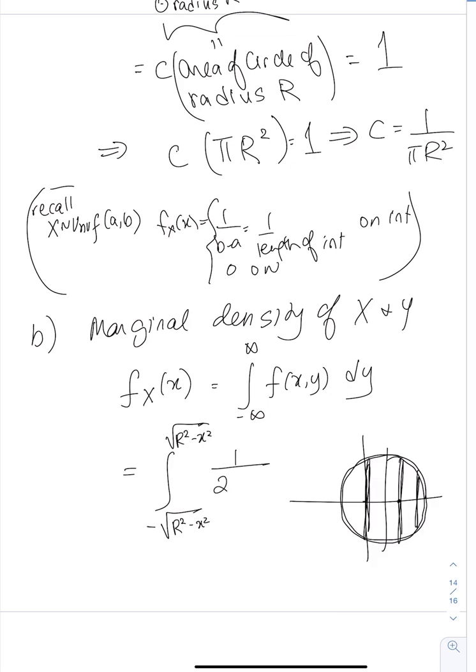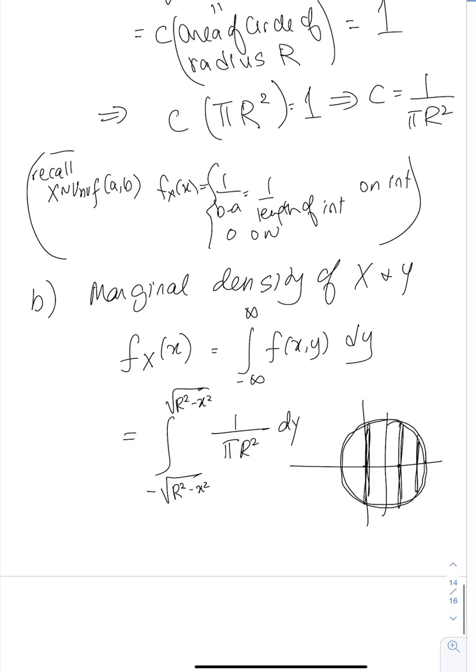And the density is f of x, y. Suppose x is in this interval, x going from negative r to r. So pick any x. What is the range of y?